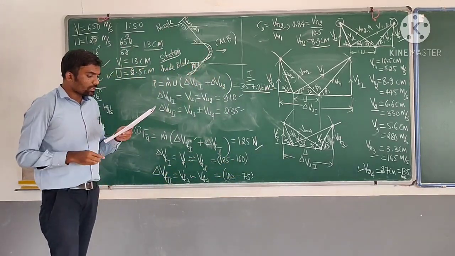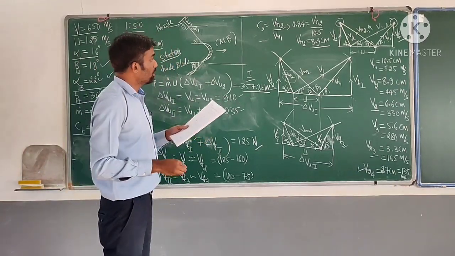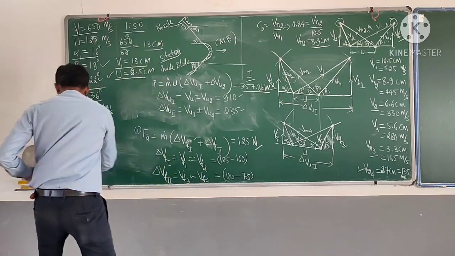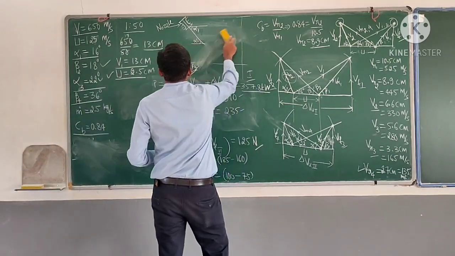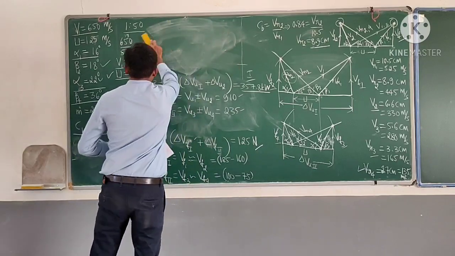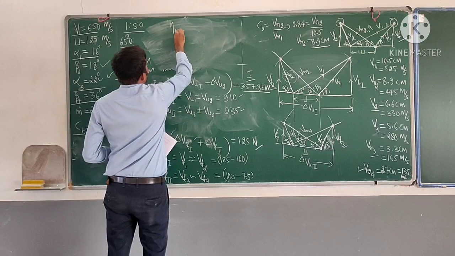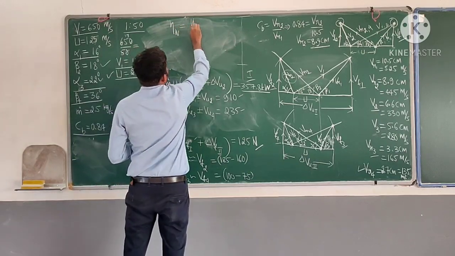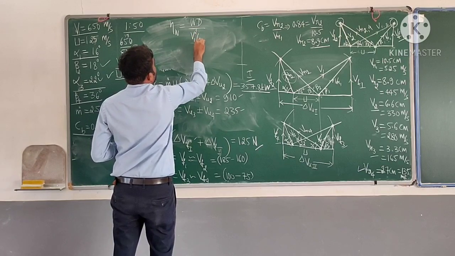Okay. Then we have to find out the efficiency of the wheel. As we know, efficiency means output by input. So if I calculate using that formula, our output is the work done. Input is the kinetic energy which was supplied.